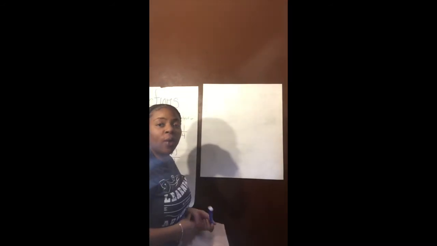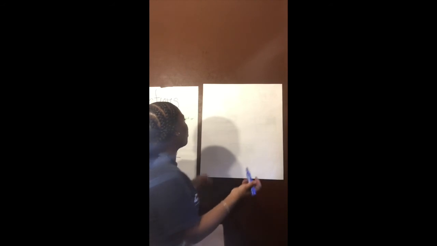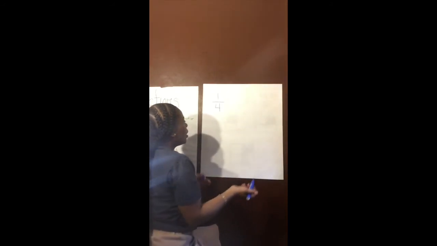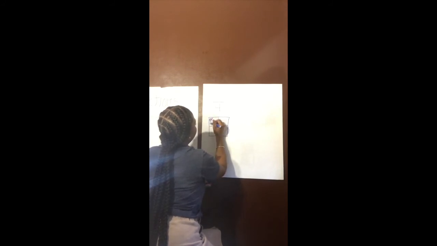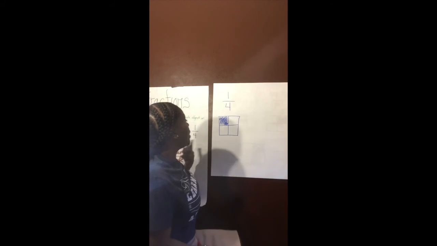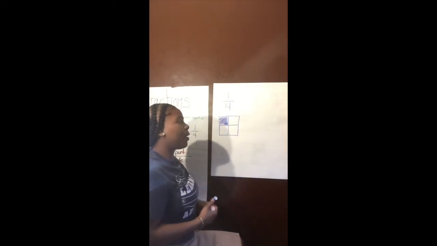We can also show that 1/4 and 2/8 are equivalent by using an equation. We're about to create our own equation. So we're going to start with, of course, 1/4 again. And I'm going to also start with the model of 1/4. Now I'm going to multiply each part of our fraction, the numerator and the denominator, by 2.